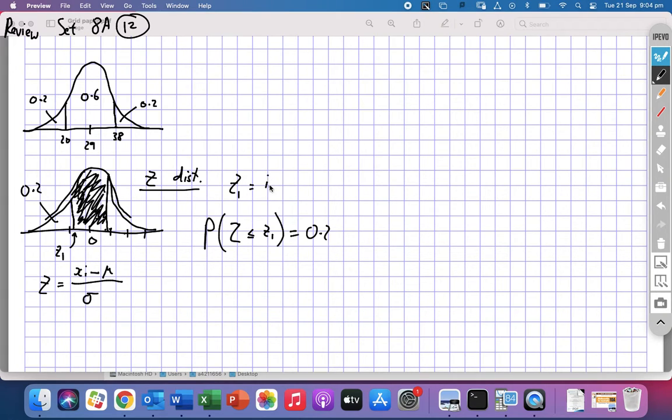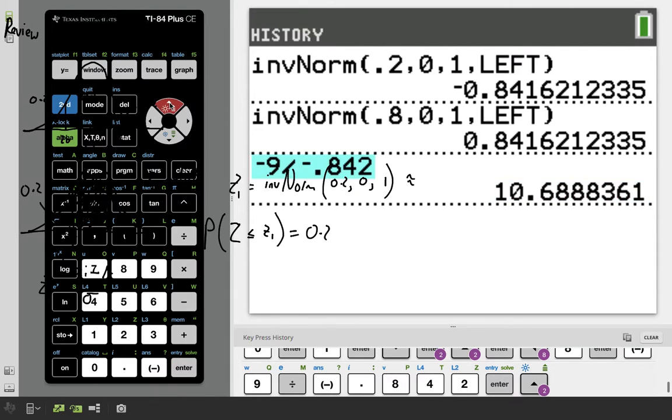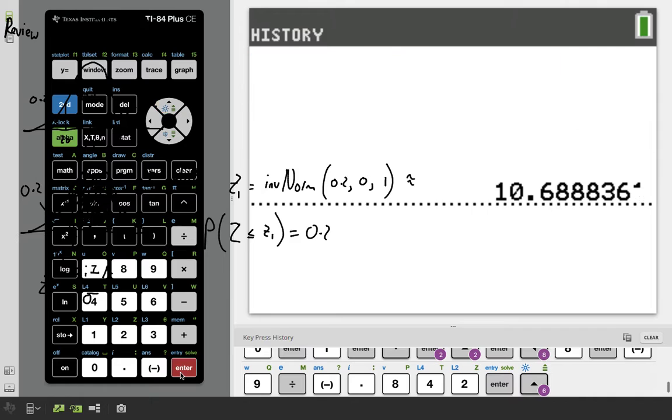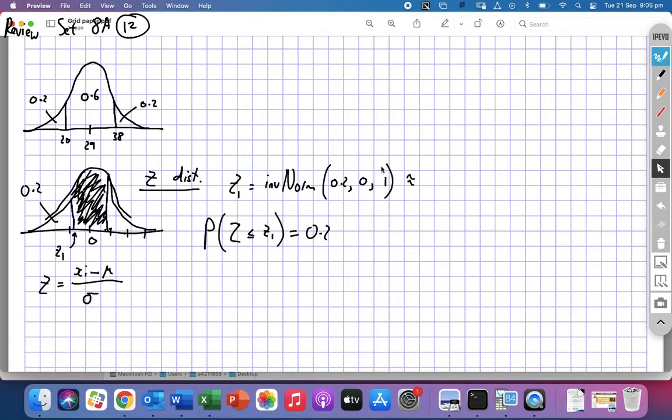And in terms of working out the Z score, you're using inverse norm on your calculator. You're putting in your area, your mean, your standard deviation, and I did this earlier, up here. The value we get is minus 0.842. Okay.